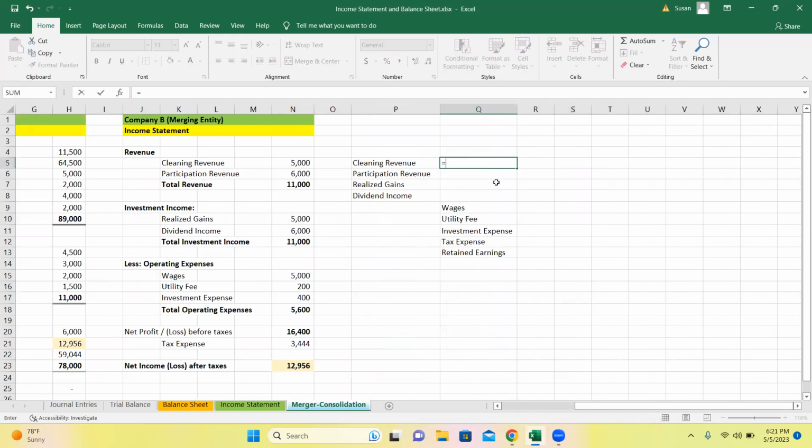So our entry will be debit, cleaning revenue, participation revenue, realized gains, dividend income, and then credit the expenses.